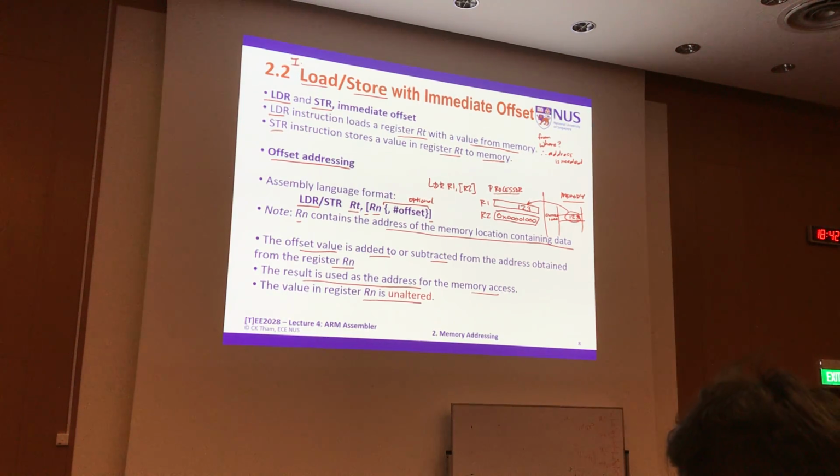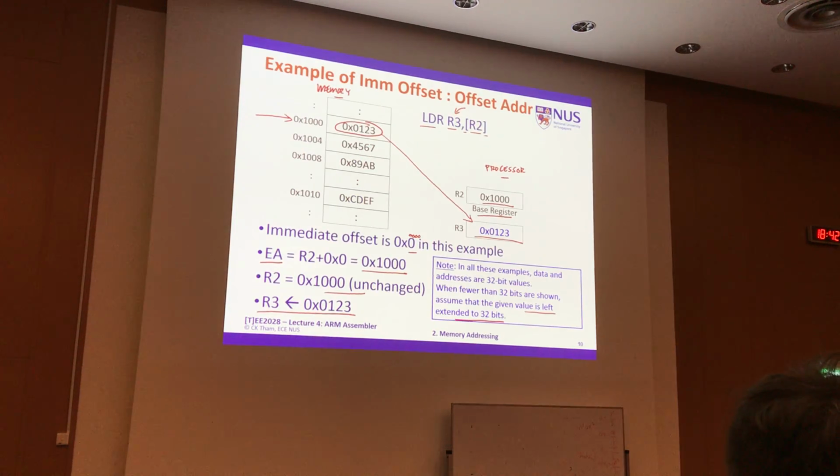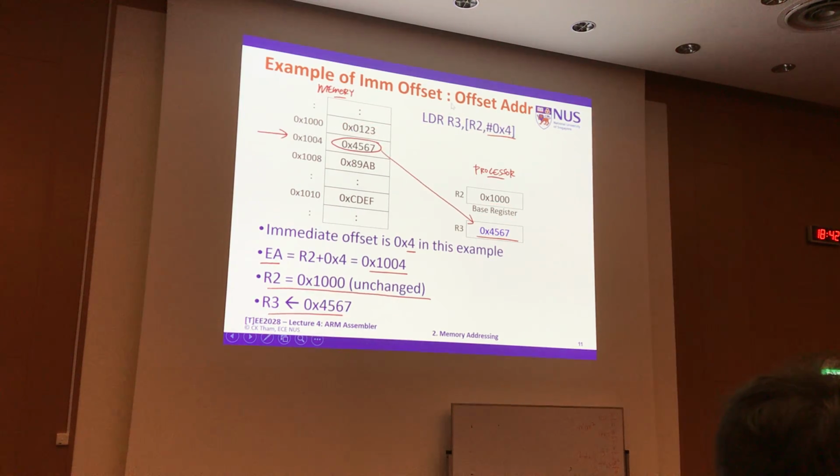Normally, we can add the optional offset to the value in the base register to get our effective address. The basic one is that the value in Rn is not changed; it's unaltered, remains the same.